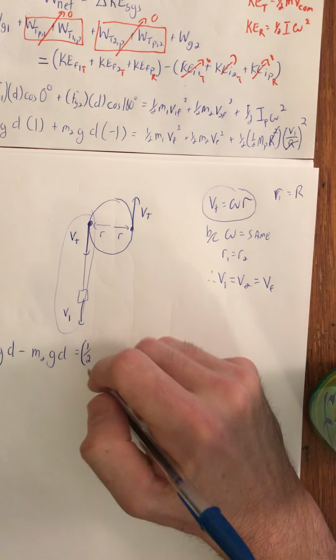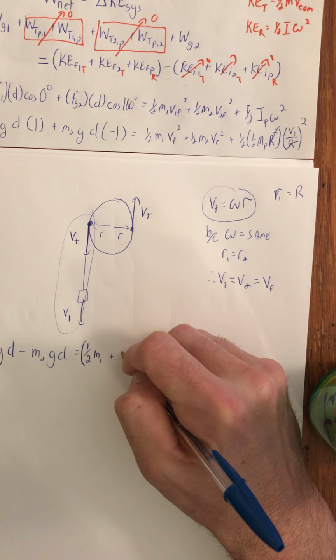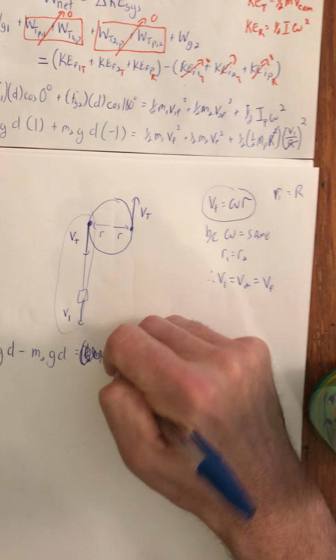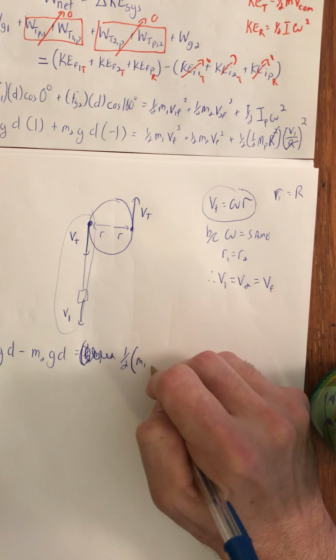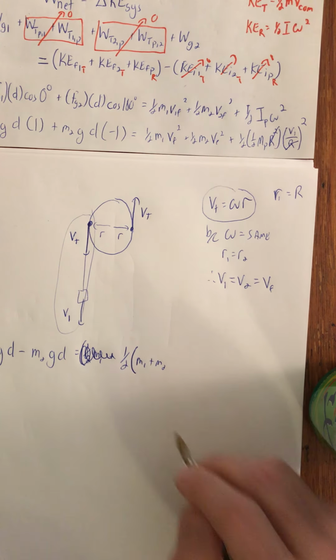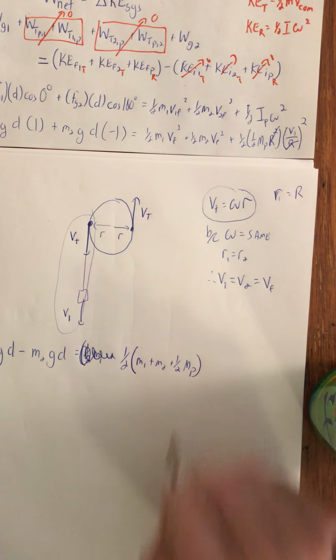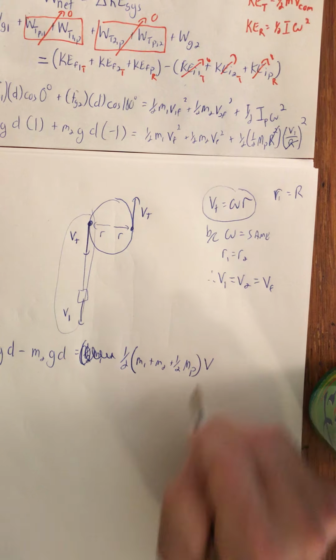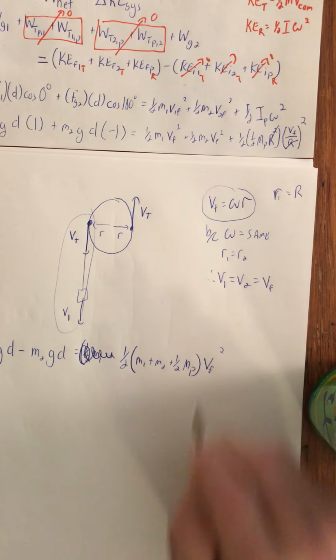I could factor out a 1/2, and then I would have m1 plus m2 plus 1/2 mp, and then just v, that'd be v final squared.